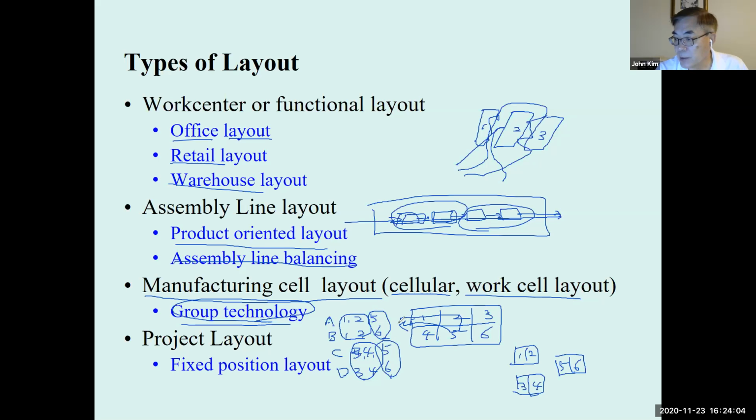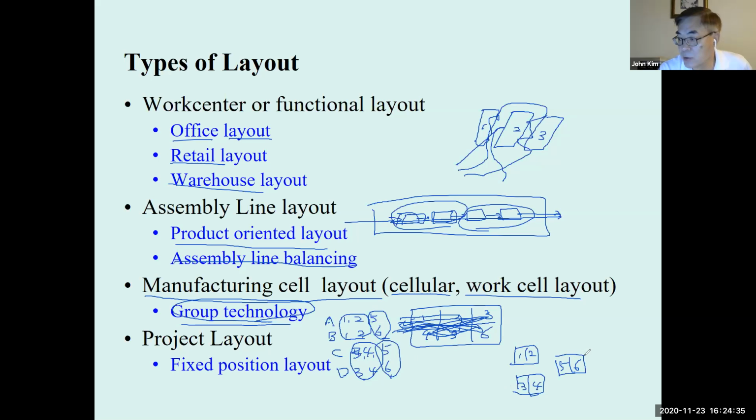Type B 1 and 2, 6, and then out. C 3, 4, 5, and out. Type D 3, 4, 6, and out, like this. In this case, the path for a product is very complicated, and the moving distance is long.